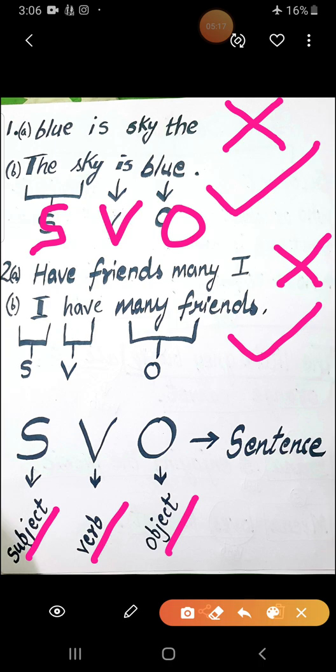So if you have to frame a sentence and some jumbled words are given, like in the first A part and second A part, if you have to arrange them, arrange them in this order, S V O: subject plus verb plus object, and you can frame a sentence. Subject, then verb, then object gives you a sentence. I hope this much is clear. Till here you people have followed it.